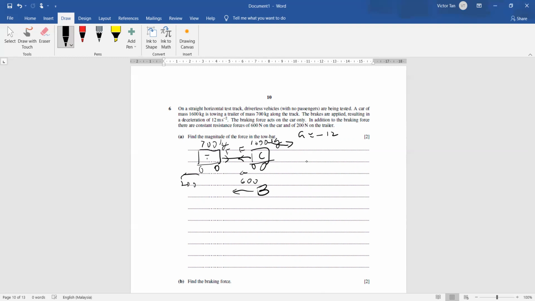Okay, so what you're going to do is, for this braking force B on the car, we're going to isolate the trailer to find the magnitude of force in the tow bar. So again, resultant force equals MA. So F minus 200 equals 700 times minus 2.